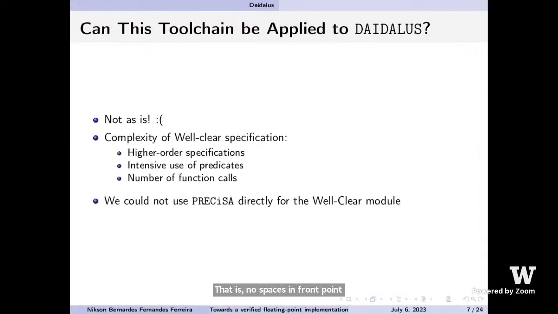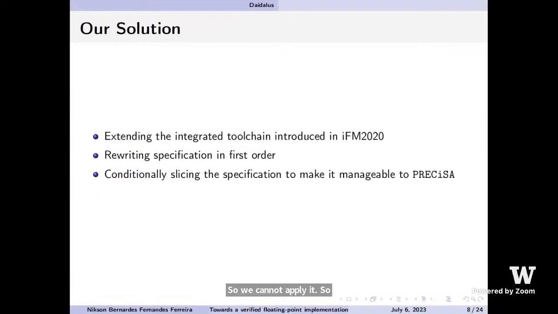So, can we apply this system to our case study? Not as it is. Our case study has some complexity, such as higher-order specification, intensive use of predicates, and a higher number of function calls. So we cannot apply it directly. So we extend this approach, rewriting the higher-order declarations in first order and conditionally slicing this specification, making it manageable for the toolchain.